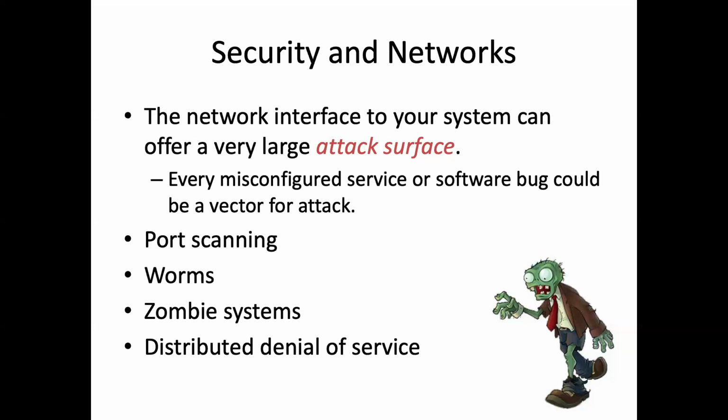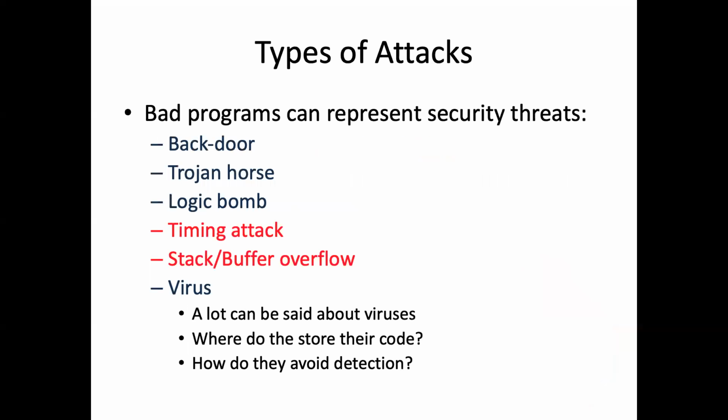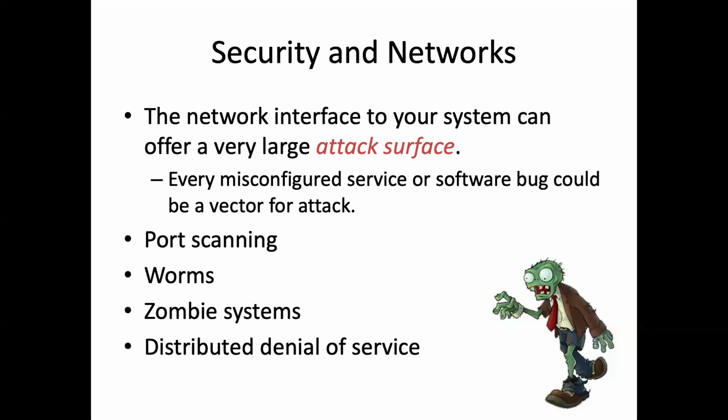So looking back on these last two slides, what I've tried to do here is describe different types of attacks. The previous slide was all attacks based on bad programs, where you don't necessarily need a network to launch this kind of attack. And here, I'm describing attacks that are enabled by a system being networked.